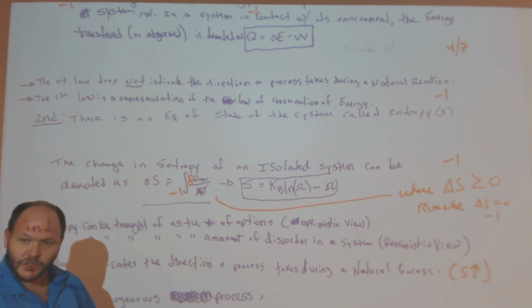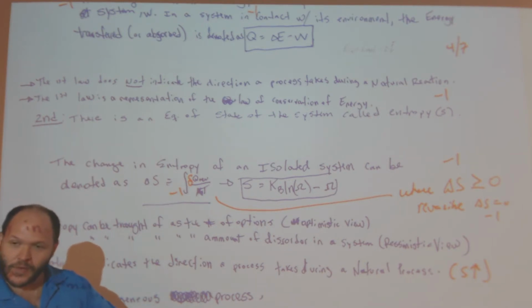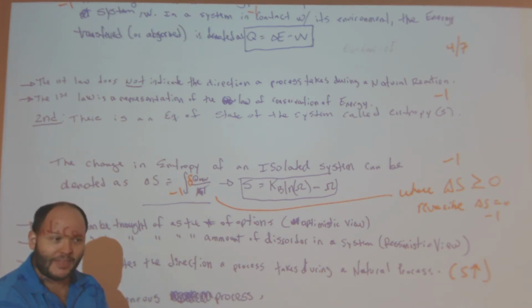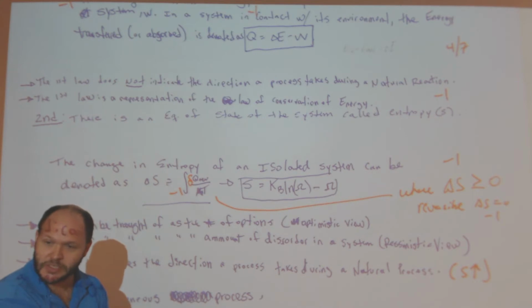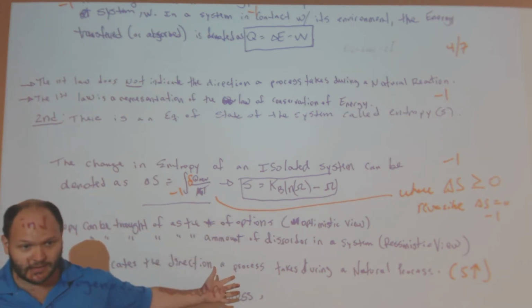I can decrease the entropy of the computer, but my entropy is going to increase equal to or greater than that. Only if I decrease the entropy of the computer and that process of me decreasing it is reversible, then my increase in entropy is equal to the decrease. You see? So they balance out to be 0 because we're isolated.